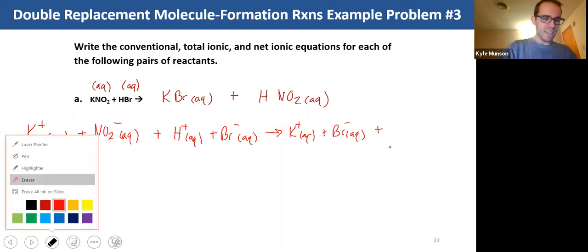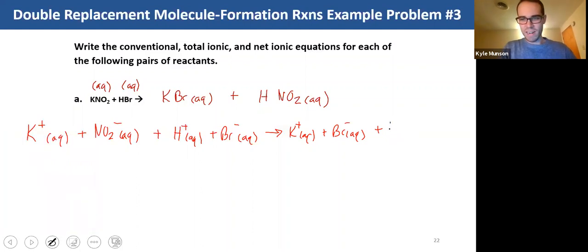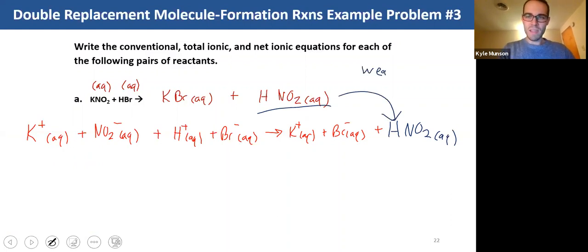It's getting late, so I'm going to change the color here. This guy stays together because he's a weak acid. What am I doing? I'm breaking the rule this whole video is dedicated to. So weak acids stay together.